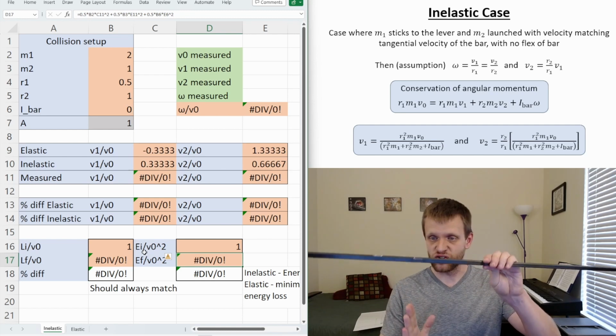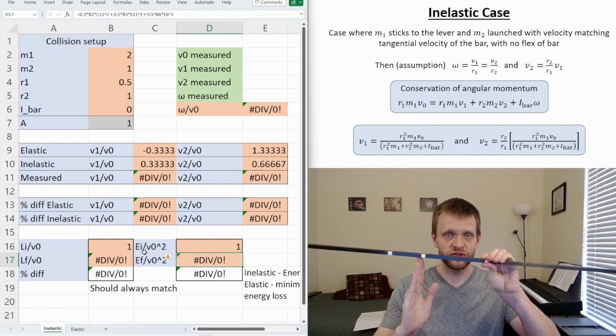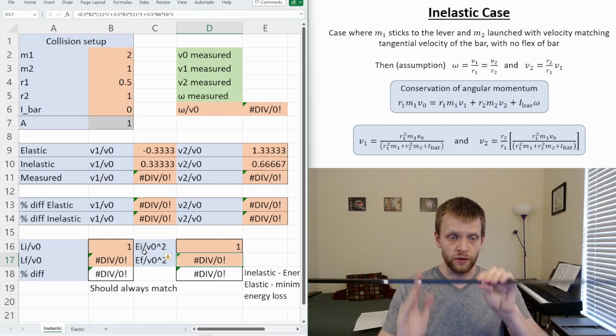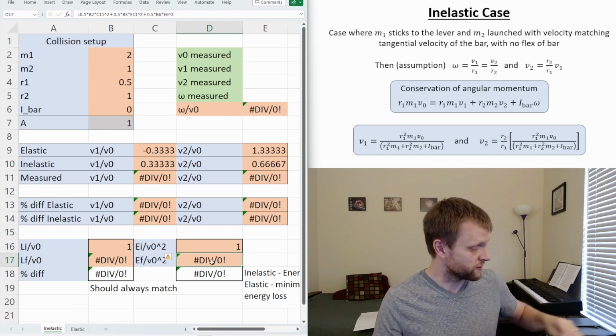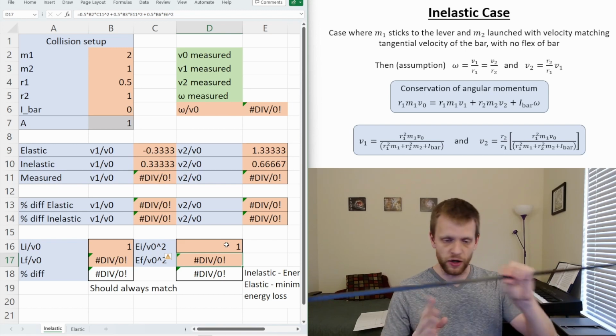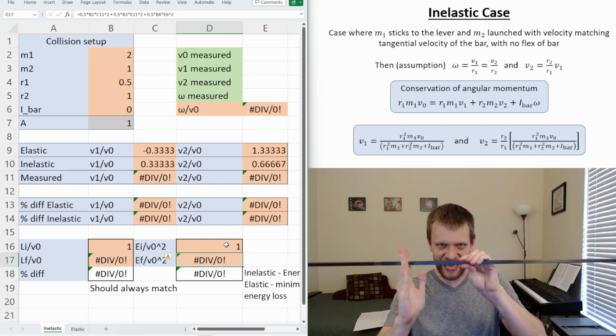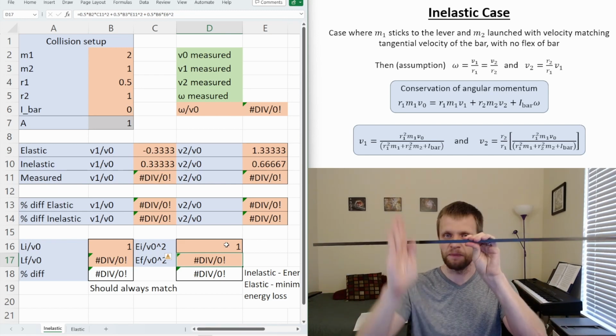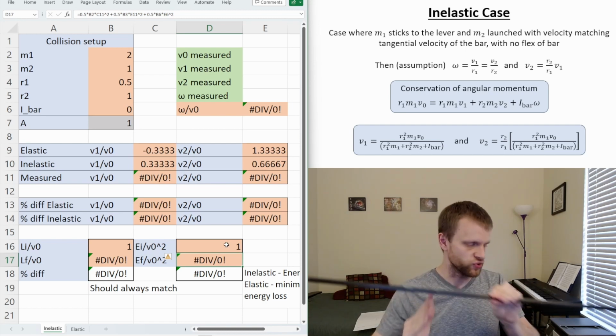Even when we get the cases where the object sticks to the bar, then we should get more energy loss, but again, we're still probably not going to get that perfectly sticks to the bar, because that would have to stick as the bar turns, and these masses are going to be on a track and they're not going to turn as well.